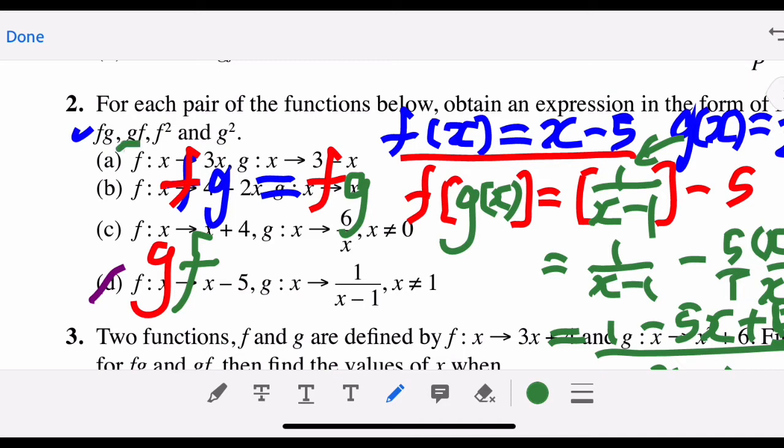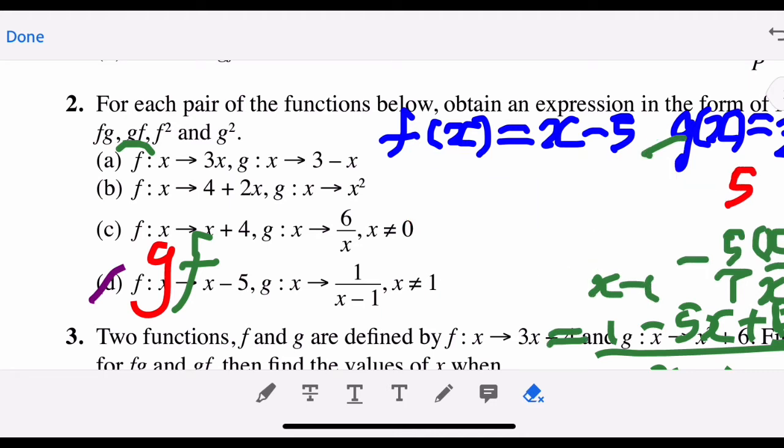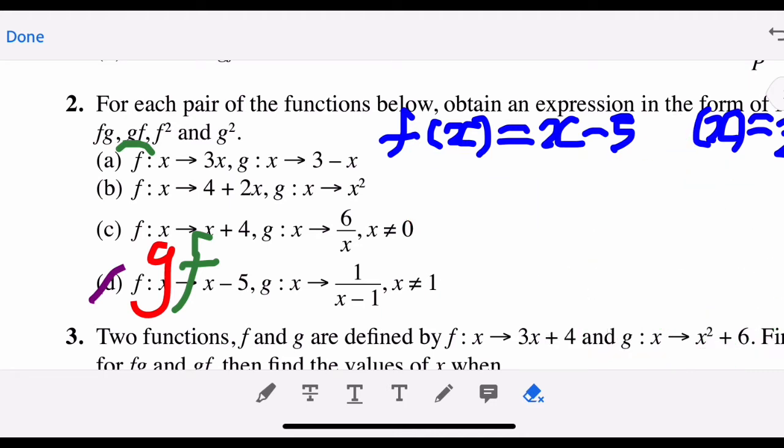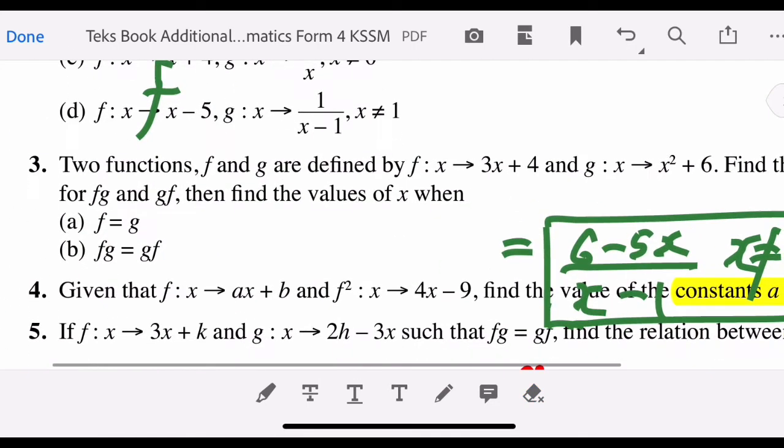So I'm going to do gf now. Okay, let's do gf together. Okay, so as you see, when you do gf, let me clear everything before I do. I need some space.